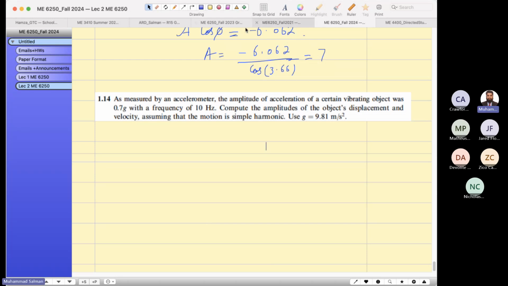The question is, as measured by an accelerometer, the amplitude of acceleration of a vibrating object is 0.7 g, with a frequency of 10 hertz.